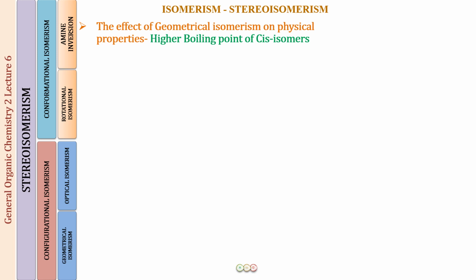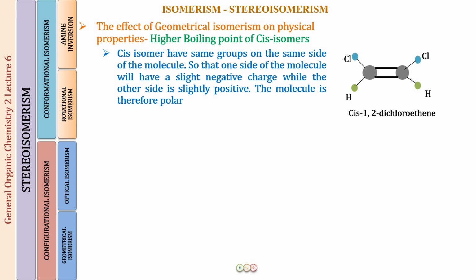So now let us understand why the cis isomers have a higher boiling point. If you look at this example, we have cis-1,2-dichloroethene, and in this structure you can see that the two chlorine atoms are on the same side of the molecule, and the two hydrogens are on the opposite side. So this is a cis structure. Each chlorine atom is more electronegative than the carbon.